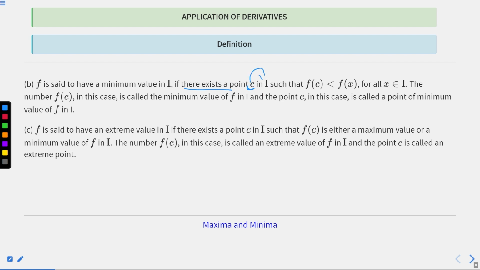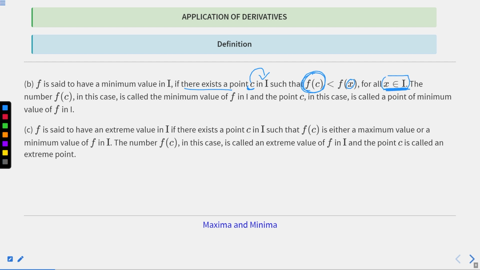So C must be in this interval I such that f of C will be less than f of x, where f of x is the output at any x inside the interval. This means f of C will be the least output from the range of this domain.